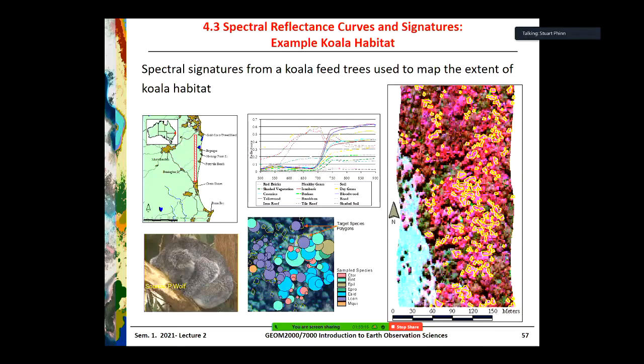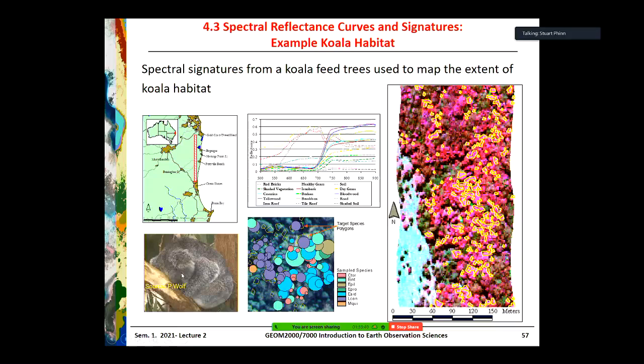So here's just an example from a project that was actually done in the 2000s and has continued in a range of different forms across Australia. It's looking at an area in northern New South Wales, basically north of Byron to just south of the border with Queensland.